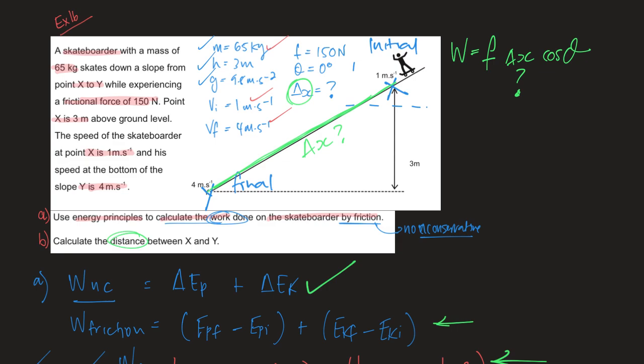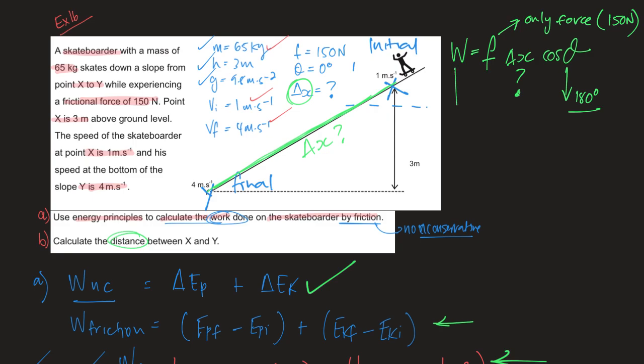I've got the work done, and the only force acting on this whole thing is friction. So it's the only force. There are no applied forces. I have that at 150 newtons. I know that friction is always at 180 degrees to the displacement, right?